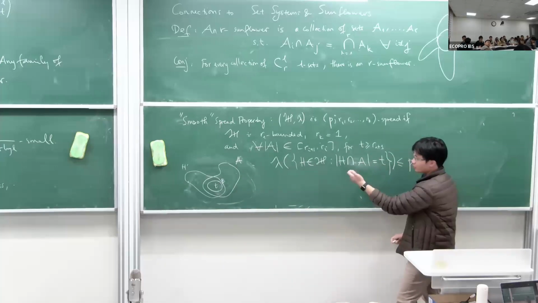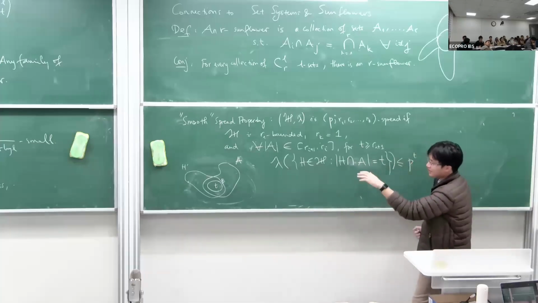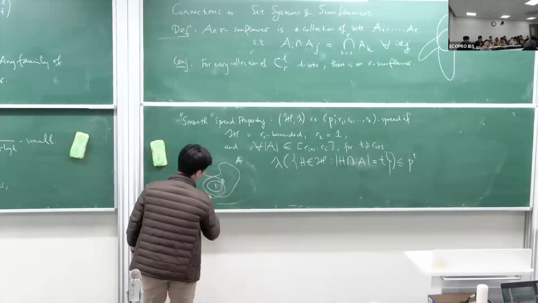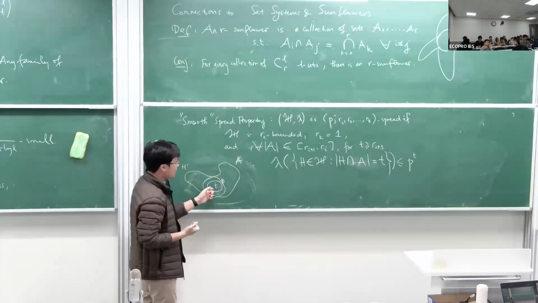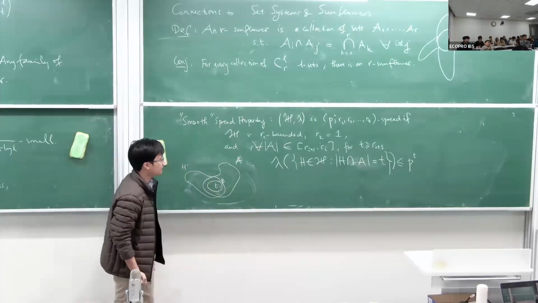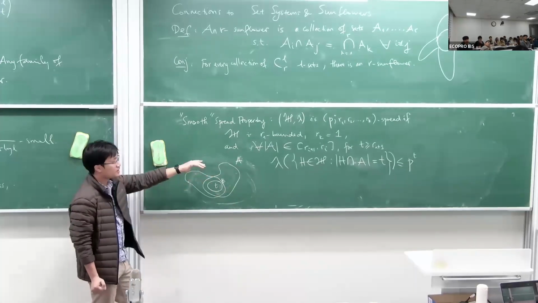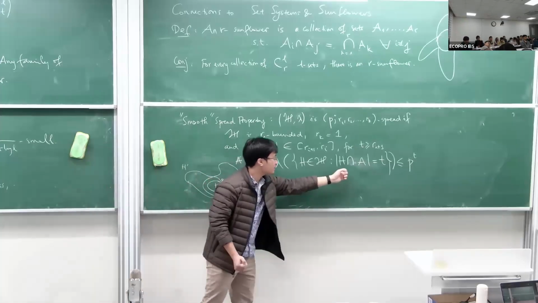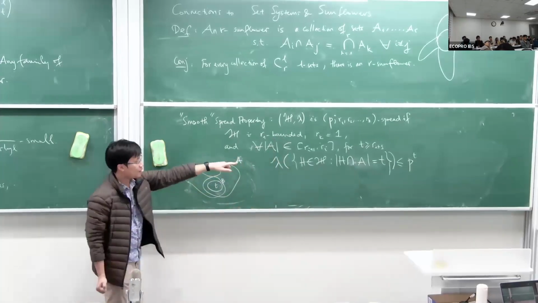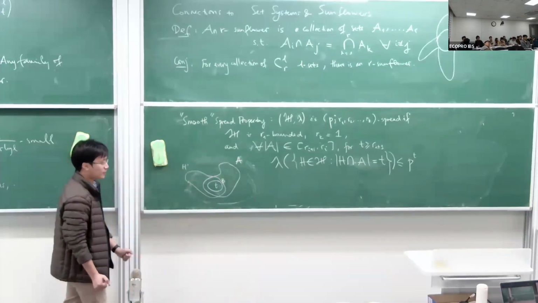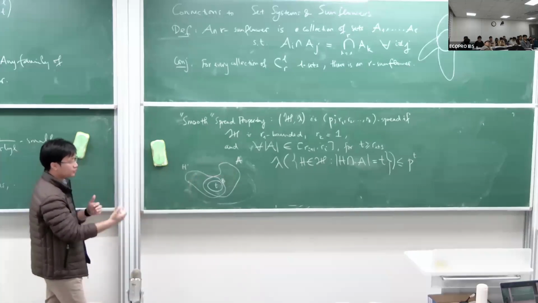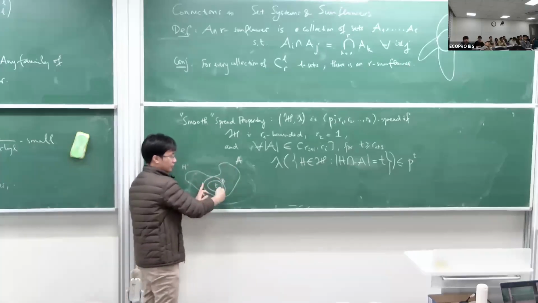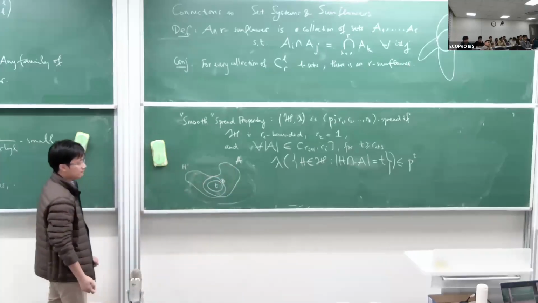And so if you want to control the number of sets H that intersect A in a set of size T, usually you would have to sum over all subsets B of A of size T, and then you can apply the spread bound, which is P to the T. But here we are assuming a stronger condition, that the number of sets H intersecting A in size T will be bounded already by the bound that we have from the spread condition. So somehow we are assuming that we have a stronger property that allows us to remove this combinatorial sum over subsets B of A of size T.